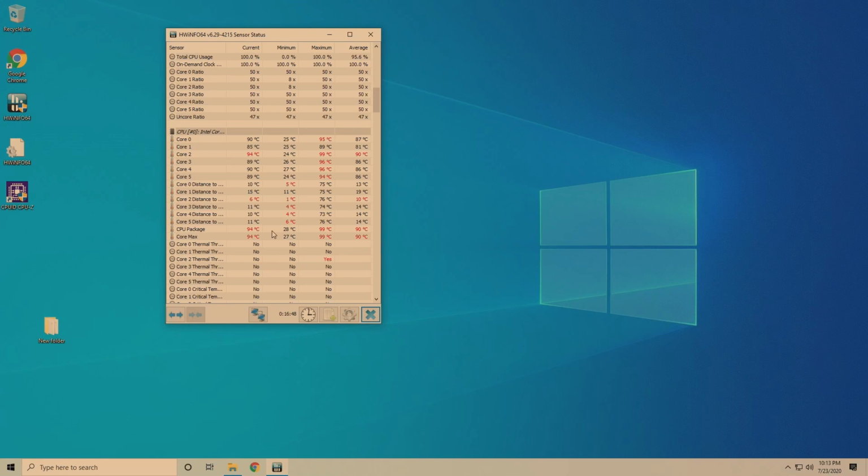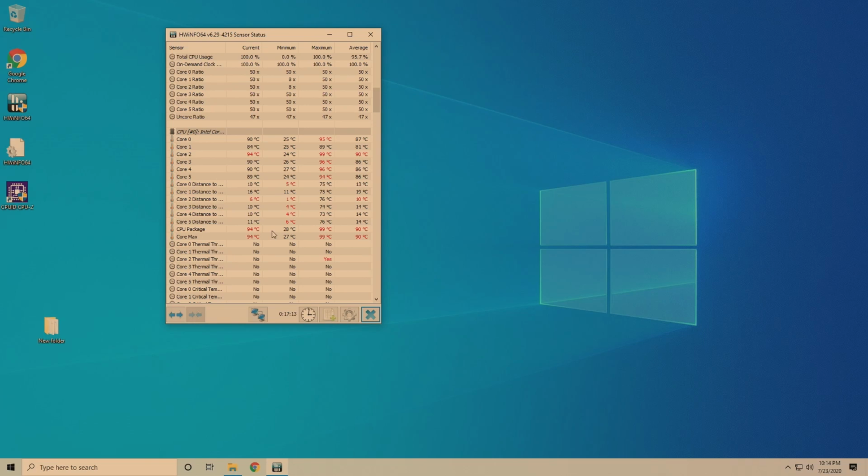Okay, guys, before we end this video, I just want to note one thing here. If you take a look at the temps here in hardware info, we're running Prime again under the same settings, but the temps are a little bit lower this time. All we did was reseat the CPU water block, so we took it off, cleaned off the thermal paste, reapplied, and reseated it.